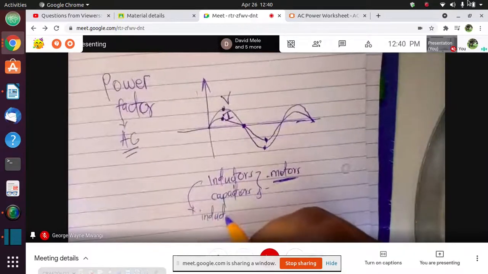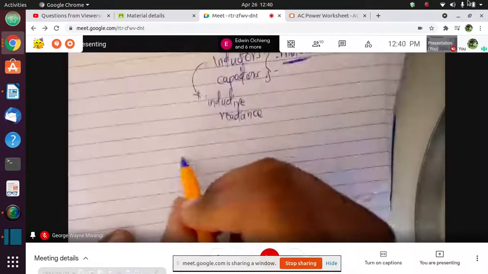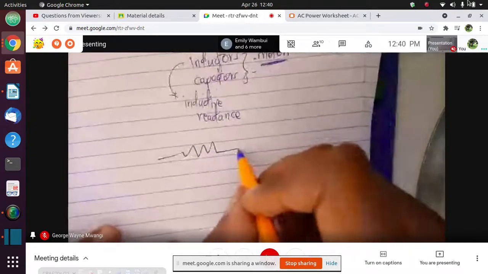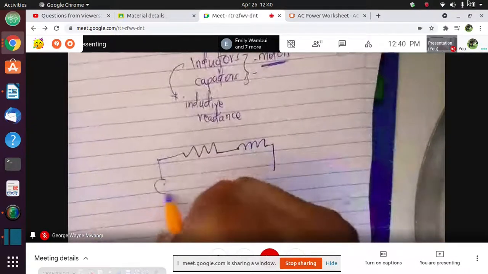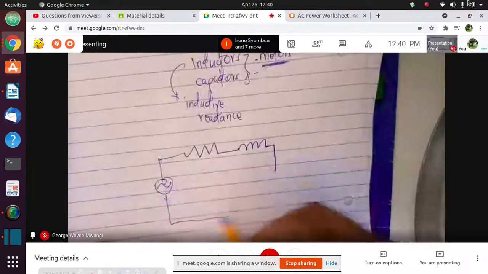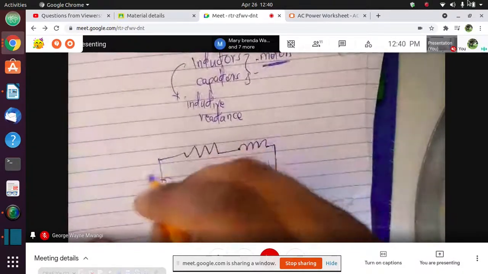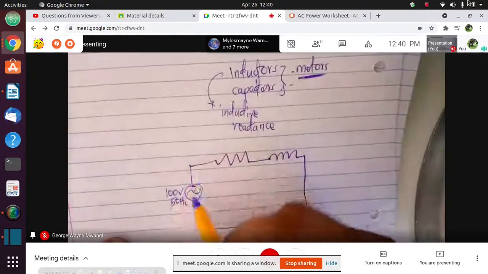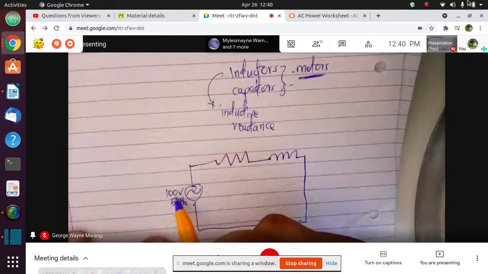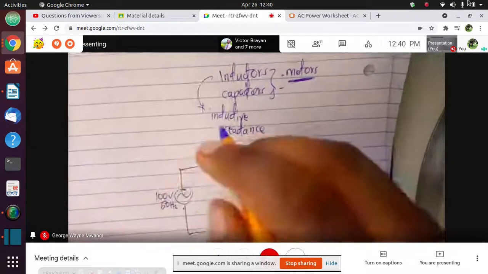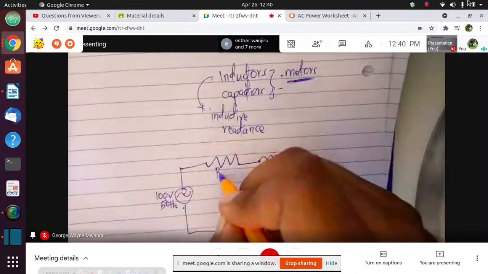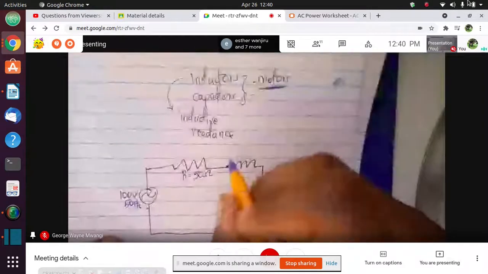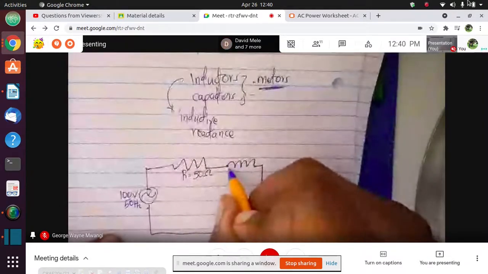I think we have seen this in those calculations. For example, you have a resistor and then you have an inductor in an AC circuit. Let's say, for example, the source is producing 100 volts at 50 hertz. The frequency is 50 hertz, and the value of the resistance is, let's say, 50 ohms, and the value of inductance, in this case, is let's say 80 millihenries.